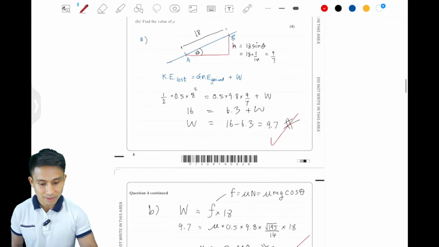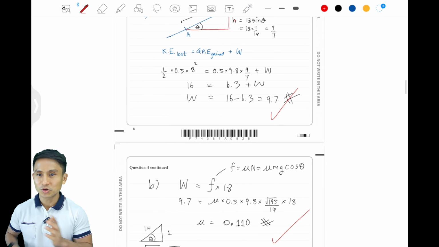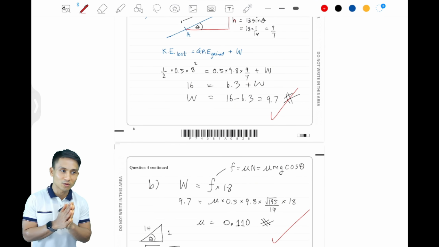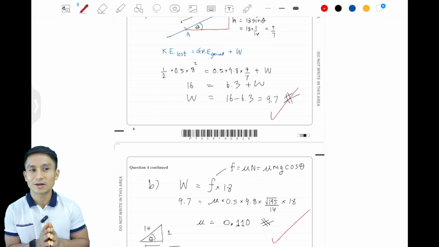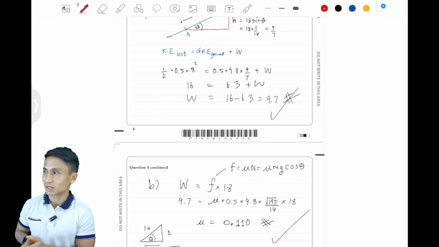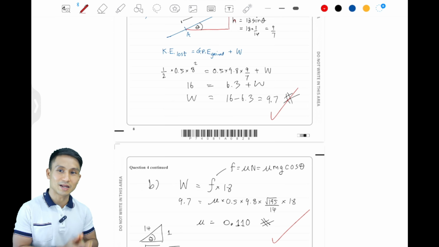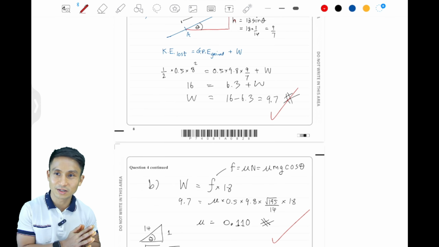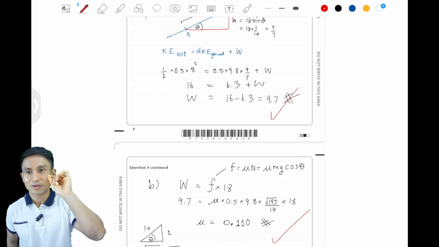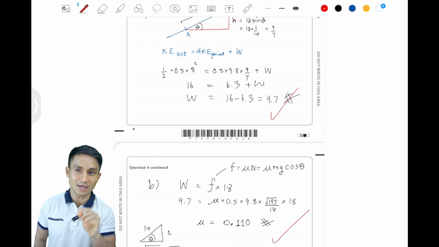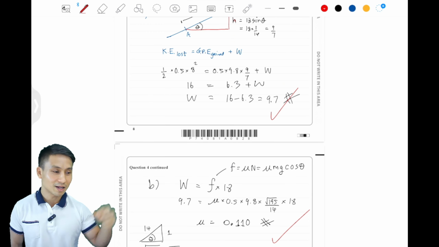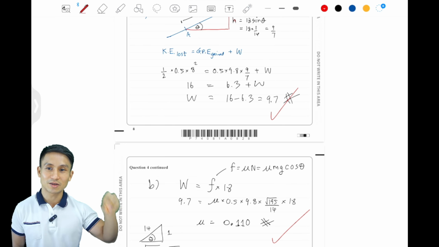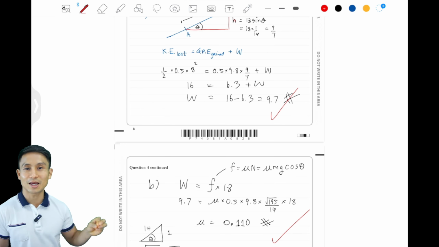So for this one, yeah, make sure you understand how to go from loss and gain, or usually the energy loss is on the left side, and then you have energy gain and plus some work done against friction. You have to figure out whether to put KE for the loss or gain. Sometimes you are gaining KE, like if you are going down, you're losing GPE and gaining KE.